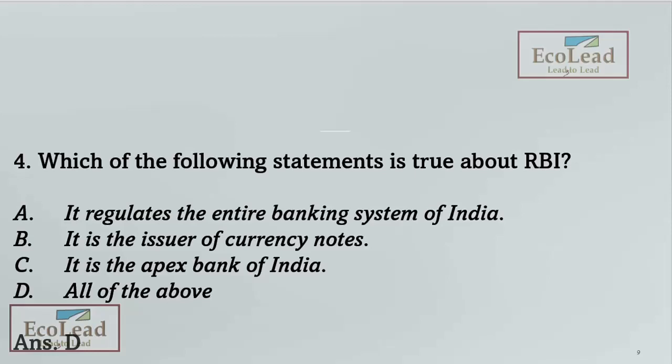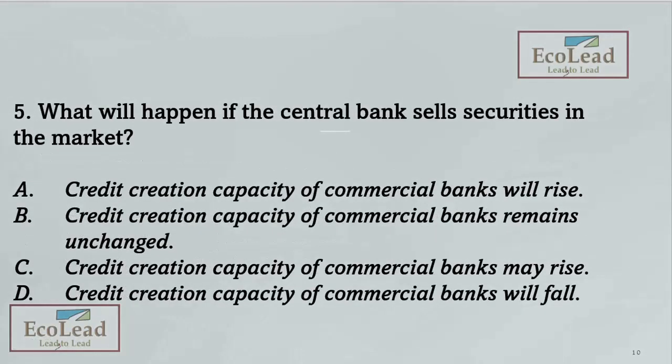Let us move to the next question. What will happen if the central bank sells securities in the market? Option A, credit creation capacity of the commercial banks will rise. Option B, credit creation capacity of commercial banks remains unchanged. Option C, credit creation capacity of commercial banks may rise.